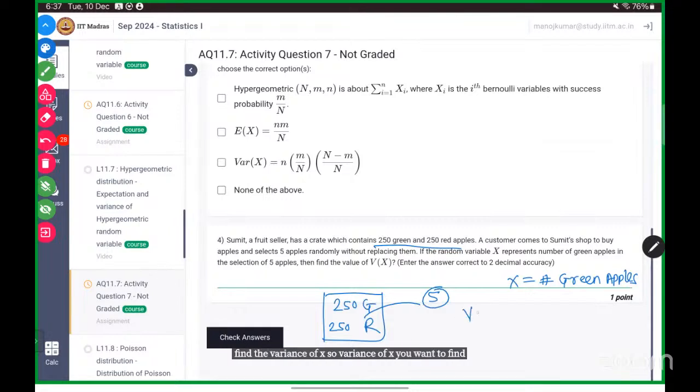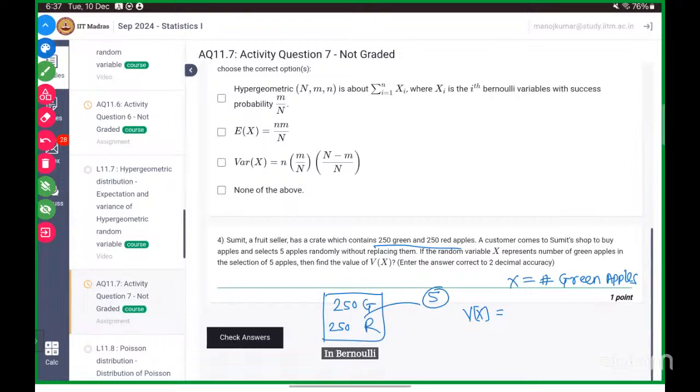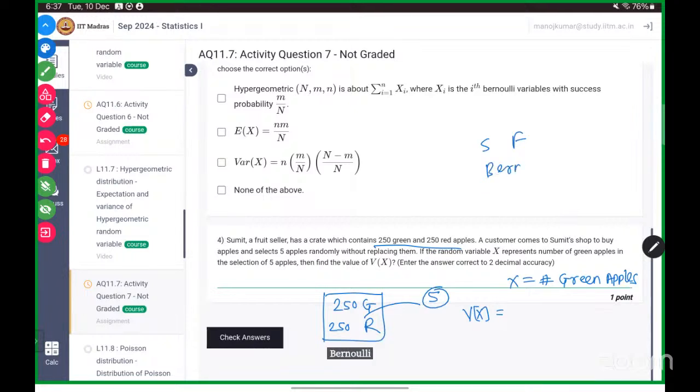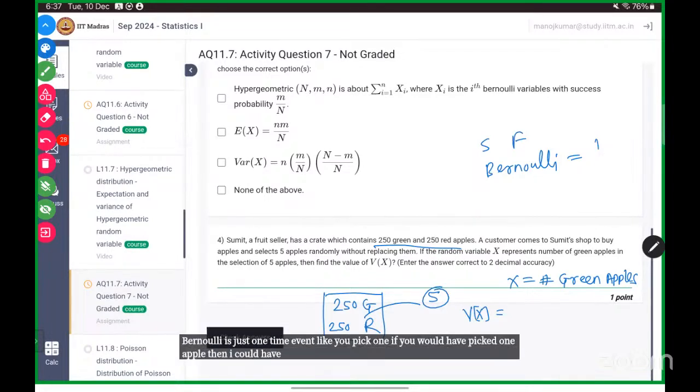So the variance of this thing you call a hypergeometric random variable. Why is this hypergeometric? Because in Bernoulli or binomial, there is success and failure, and the probability doesn't change. Bernoulli is just a one-time event; if he had picked one apple, I could have thought of Bernoulli, but he didn't.